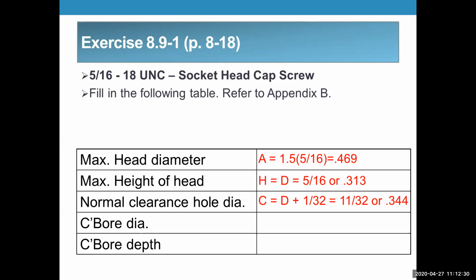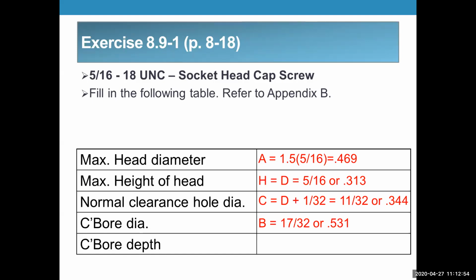What's the counterbore diameter? I think it gives you that, doesn't it? It does. It says 17/32, or 0.53125. Should it give you the depth also, or no? No, it doesn't. So how do we figure the depth again?